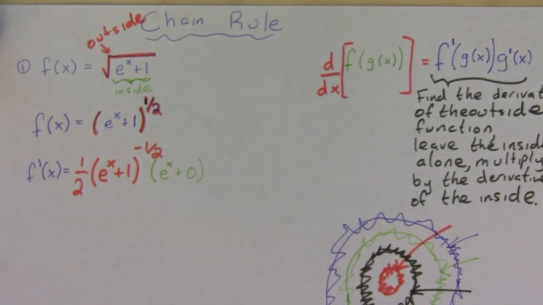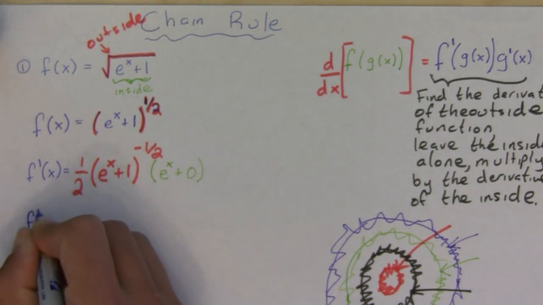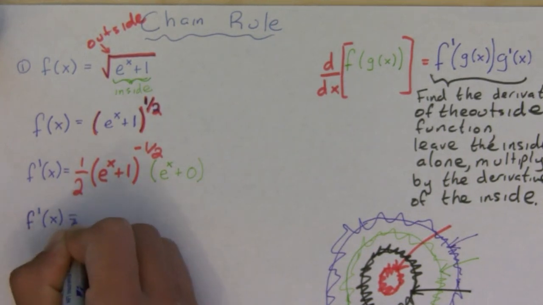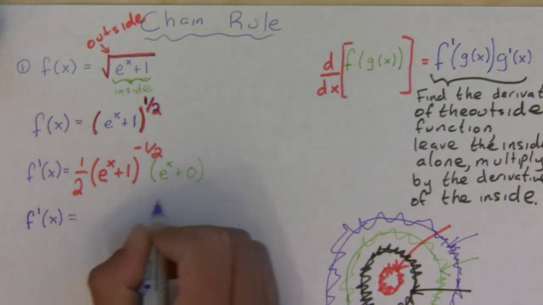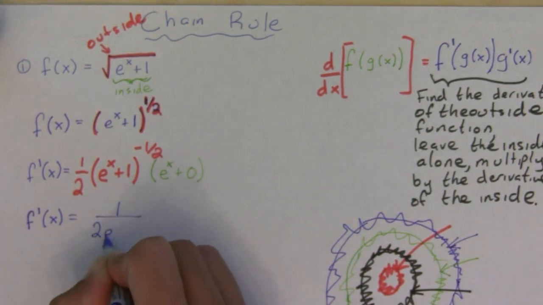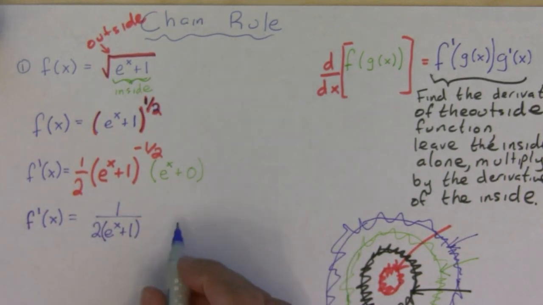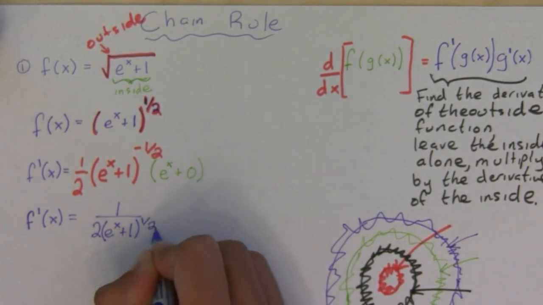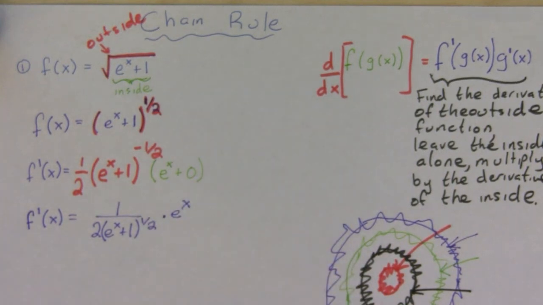And we can simplify this a little bit. This isn't part of the chain rule, but we can turn the negative exponent positive, so we can have 1 over 2 times e to the x plus 1 to the positive 1/2, times e to the x. And that's just a different way of writing it.